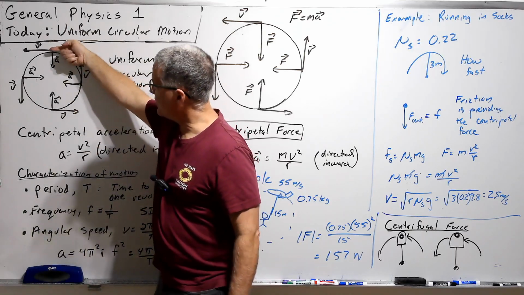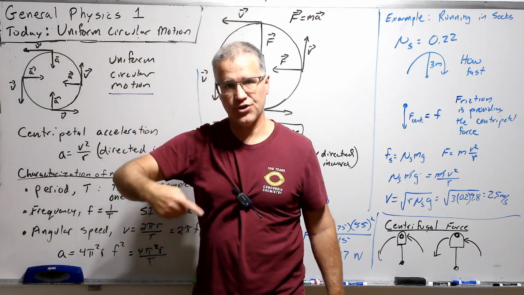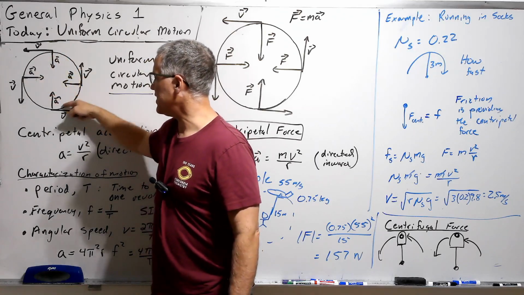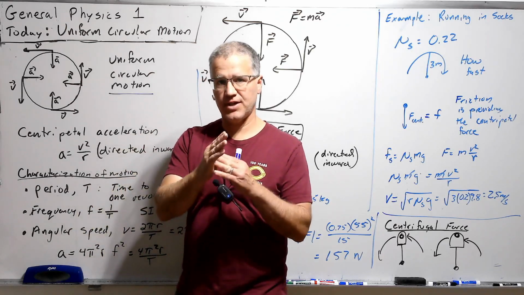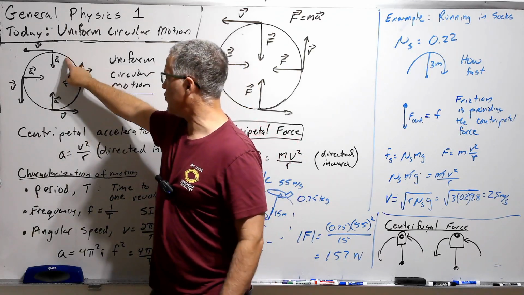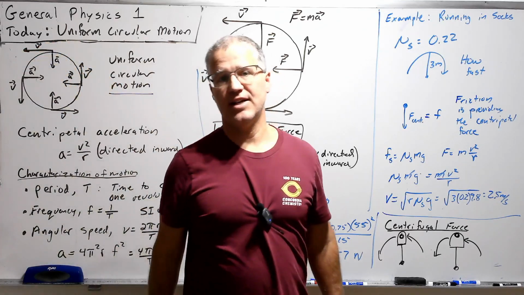And the velocity vector is always tangent to the circle. So if this circle is representing the position, so anywhere on this circle is where the object is at that particular point, then the object is moving with velocity v tangent to that circle.